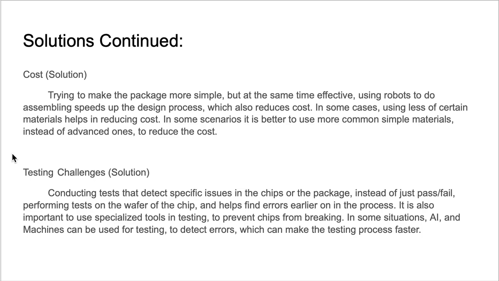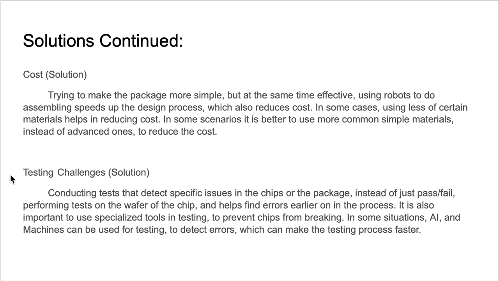People don't have to get paid for this, and it's cheaper ultimately, and it contributes to there being less cost. In some scenarios, it is even beneficial to use simpler materials. Instead of using advanced materials, use basic materials sometimes to reduce the cost.